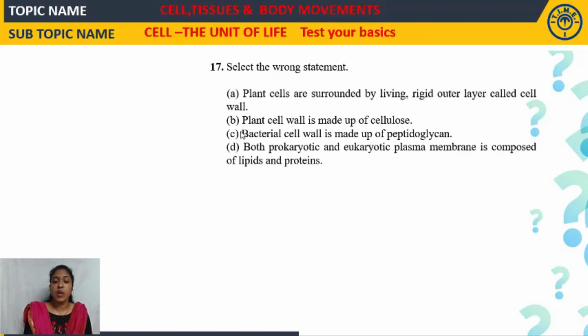Then what about B? Plant cell wall is made up of cellulose. Obviously, they are made of cellulose. Bacterial cell wall is made up of peptidoglycan. Yes, in the last question we have told, find out the answer. That is bacterial cell wall is made up of peptidoglycan. Then D. Both prokaryotic and eukaryotic plasma membrane is composed of lipids and proteins. So, both prokaryotic and eukaryotic, the common fundamental structure or feature is the cell membrane or plasma membrane, isn't it?